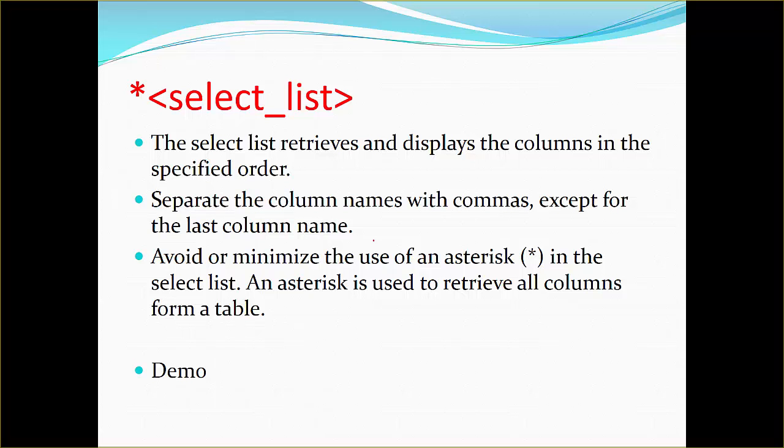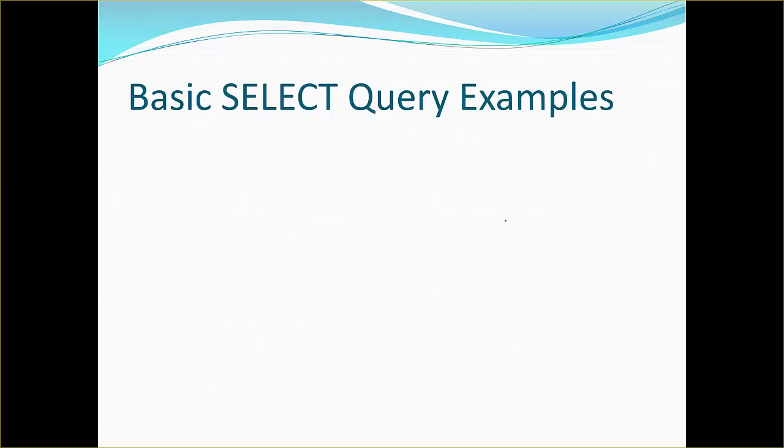So instead of writing each of the column names of the table in the select list, right, you can use the asterisk. We've been using this for a while now. You can use the asterisk if you are going to retrieve all the columns. However, if you don't want to retrieve all the columns and you want to retrieve specific columns, then you can use the comma separated list of columns, right? Now, let's go see what this looks like.